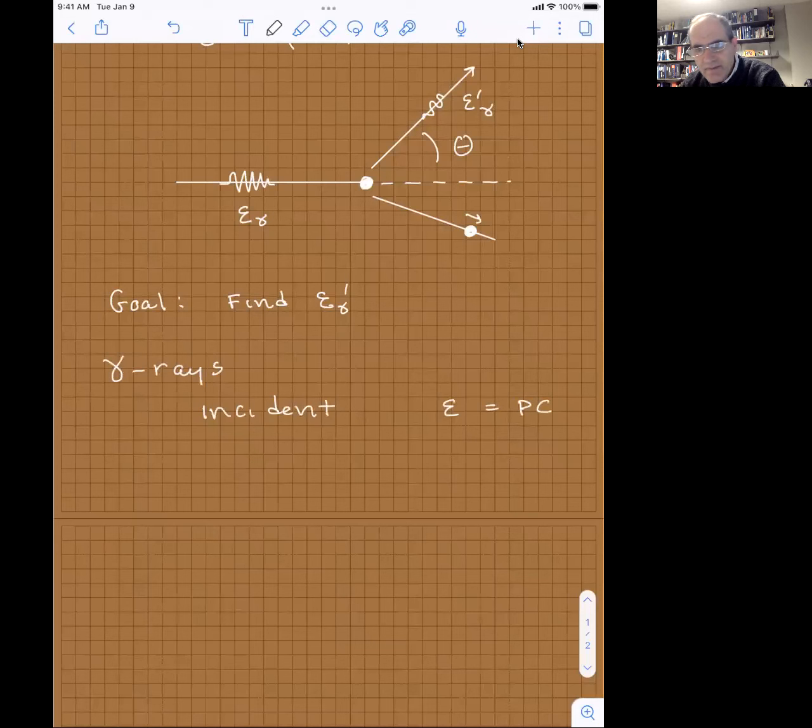Now, it would make sense to call this E gamma and P gamma, but I'm going to try to keep our notation simple. So when I write an energy or a momentum without any subscript, it's the gamma ray's. After the scattering, we can say that E prime, the energy of the scattered gamma ray, is equal to its momentum times c, P prime times c.